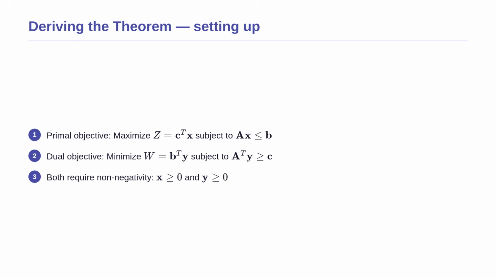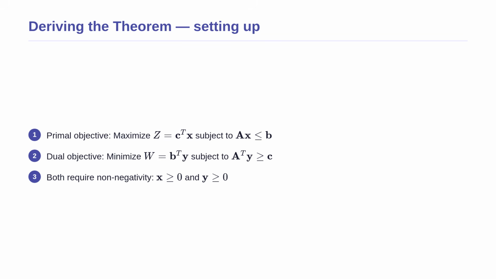Now that we have successfully used this theorem to solve problems, let us understand exactly where it comes from by proving it mathematically. This first chunk of the proof is setting out to define our starting boundaries. We start by defining the standard primal problem, where our goal is to maximize total profit subject to physical resource limits.